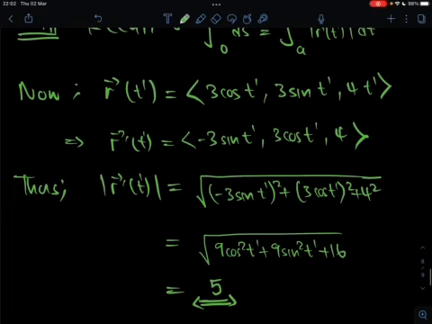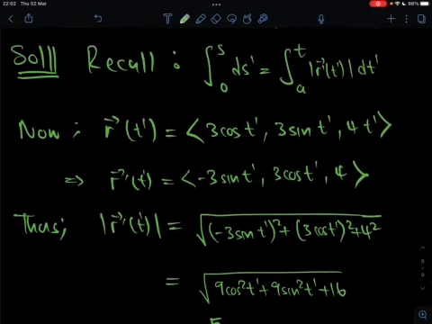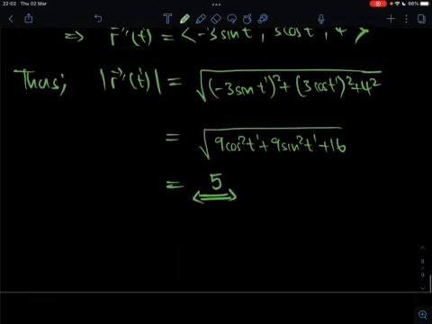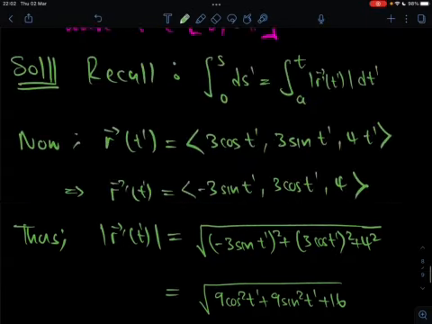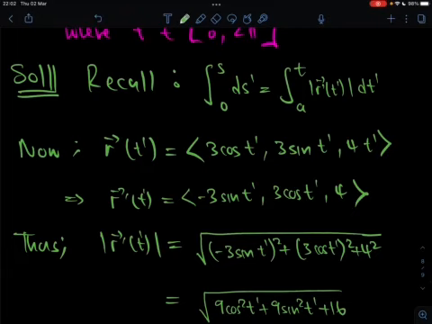Now if we substitute back to our main result at the top, what does that imply? The integral from 0 to s of ds prime is equal to the integral from a to t of the modulus of r prime of t prime. Since t is bounded between 0 and 2 pi, a is 0 in this case, where a always refers to the lower limit of the bound of t.